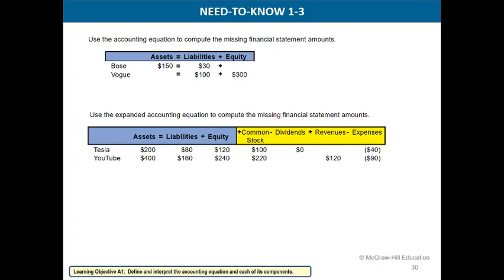So what must revenues be in this case? Well, revenues must be 60, because you need to come up with an additional 20 in equity, since you have here 100 in common stock. You've got to come up with net income of 20, which is the difference between revenues of 60 and expenses of 40.